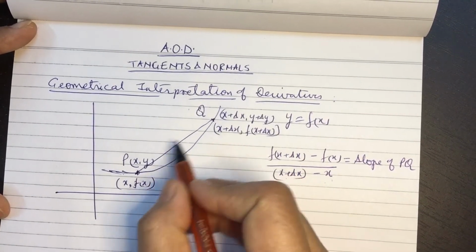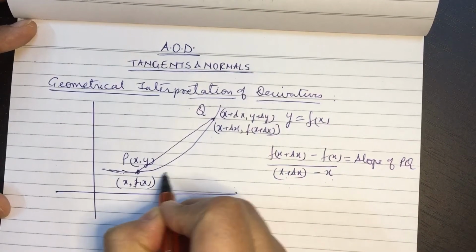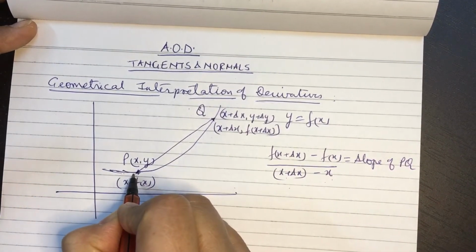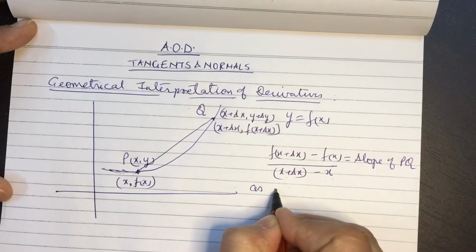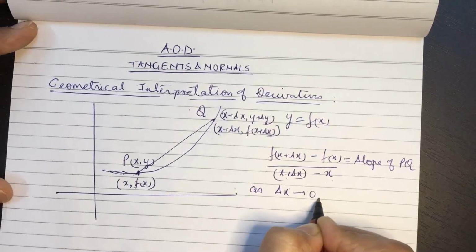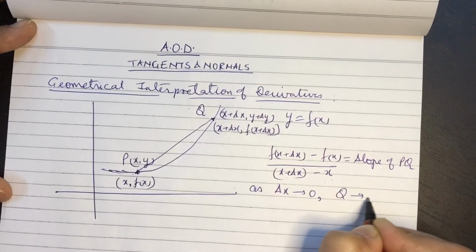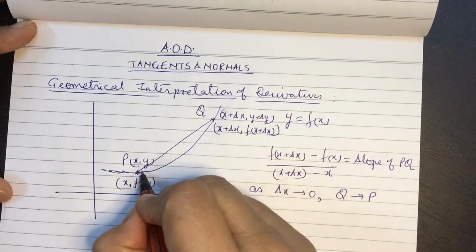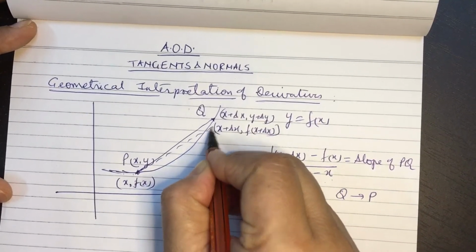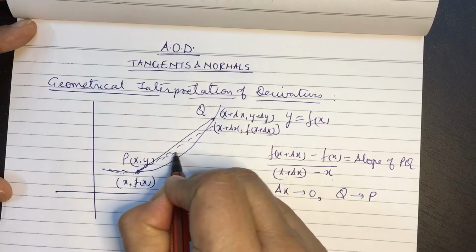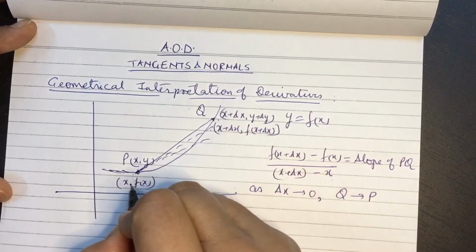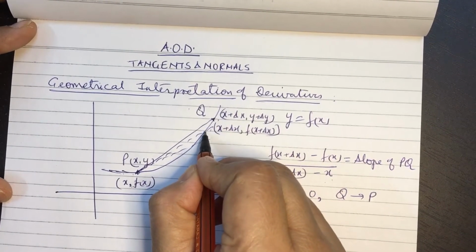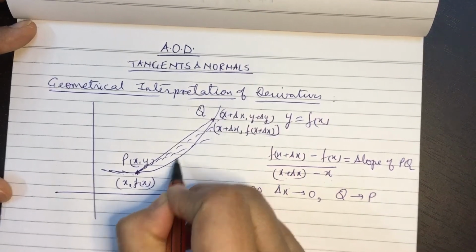Now let's proceed towards point P. As delta x tends to 0, the point Q tends to point P. It approaches here, then here, then here, then here.